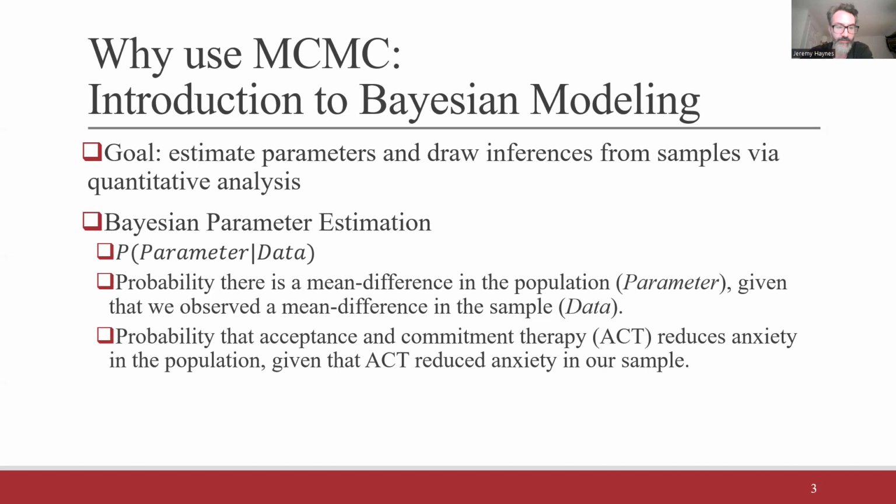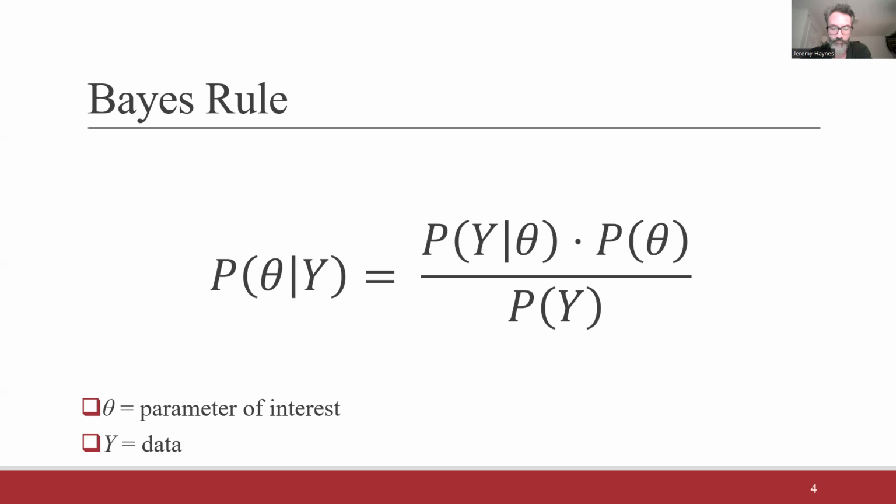Now, to calculate the probability of a parameter value given our data, we use Bayes' rule. And when I referred to this before, I described it as the probability of our parameter given the data. Generally speaking, however, we're actually describing a probability distribution.